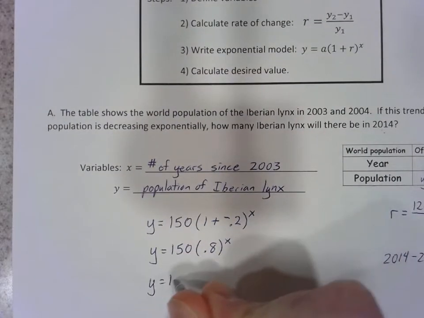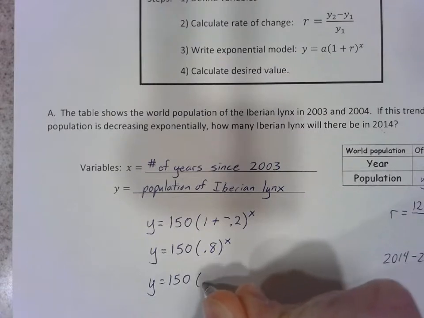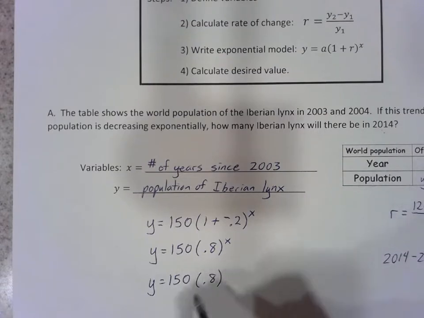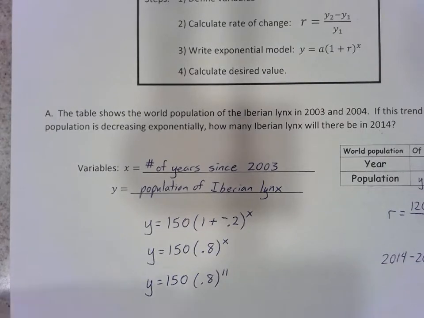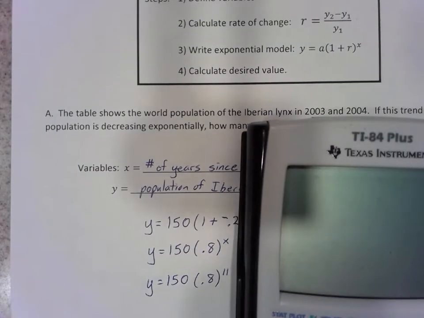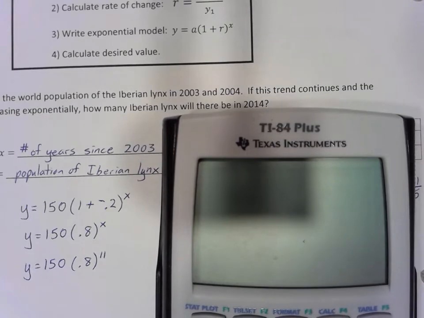So I take 150 times 0.8 to the 11th power. Then I take my calculator and type in 150 times 0.8 to the 11th power.